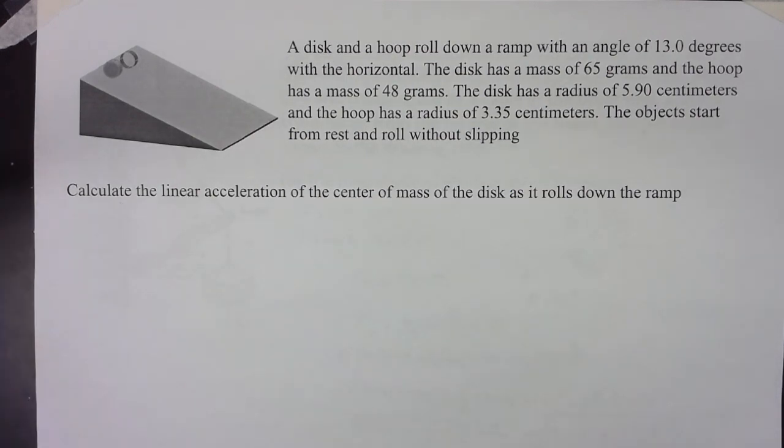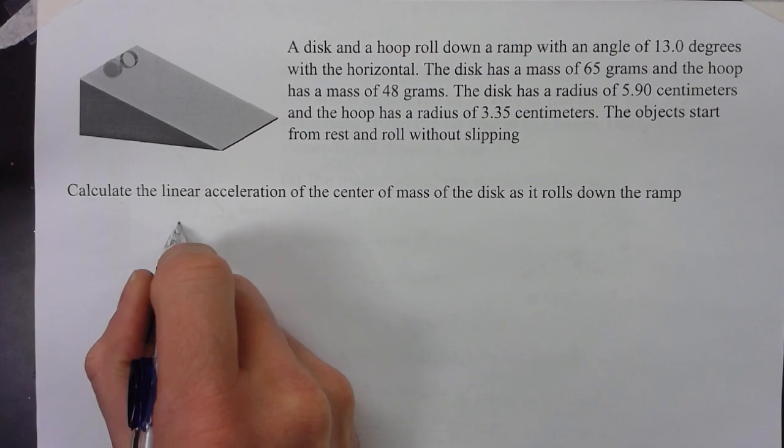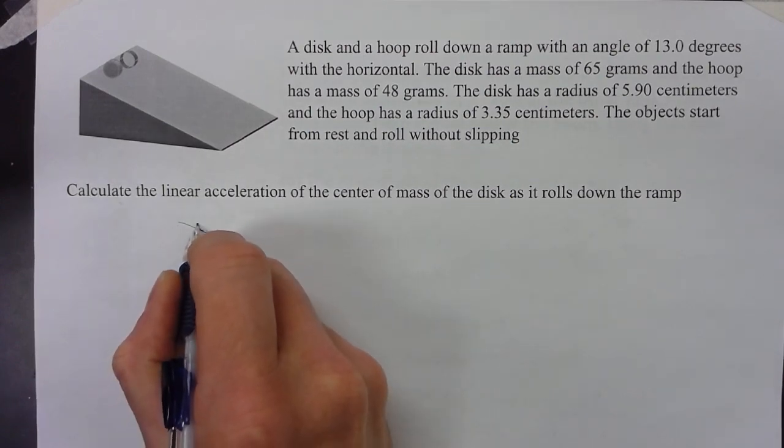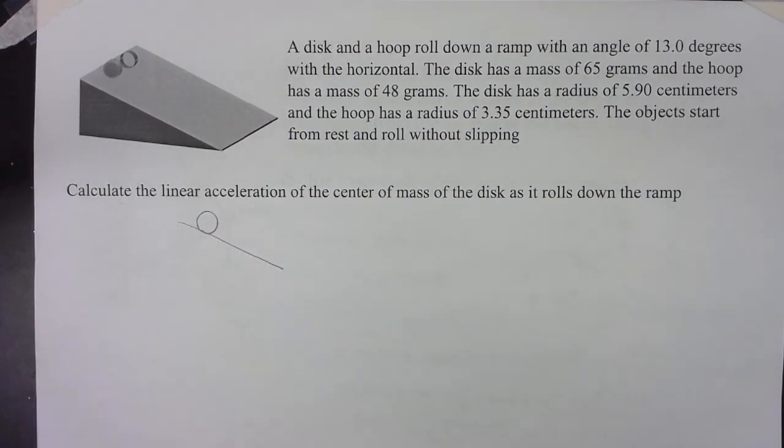So we're going to do this using Newton's laws of motion, Newton's second law for rotation and for translation. So I'm going to draw a little sideways picture of our disk. So it's on the ramp like that.